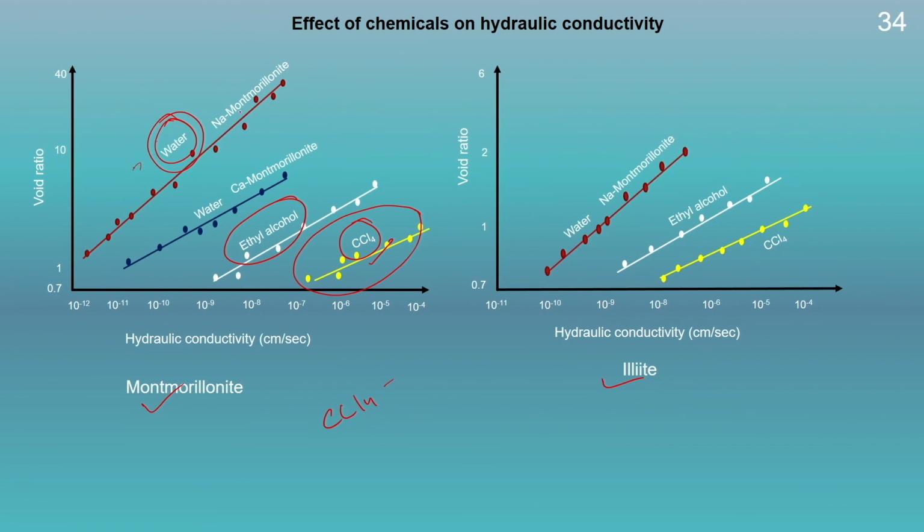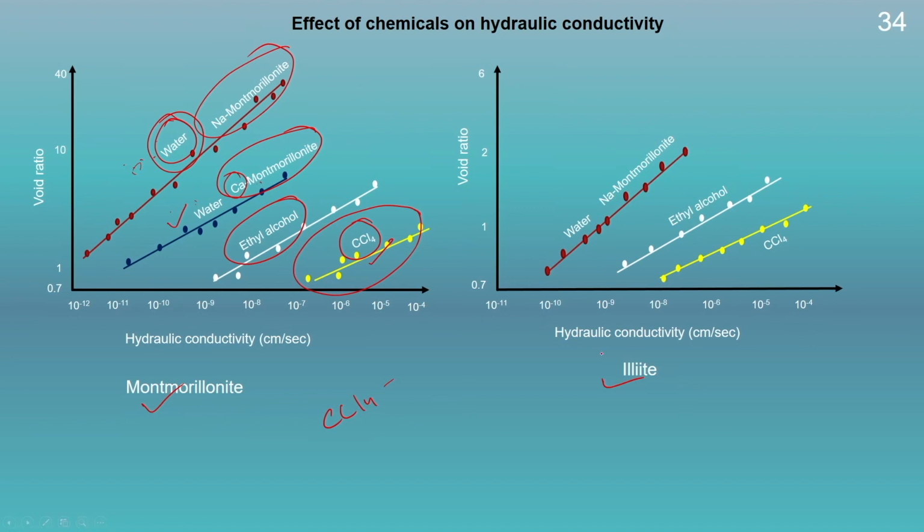Now, if we compare sodium montmorillonite and calcium montmorillonite, because calcium is an exchangeable cation, the diffuse double layer thickness in this case will be less in comparison to sodium montmorillonite. Therefore, although the dielectric constant is the same, that means in both cases water, the hydraulic conductivity for calcium montmorillonite will be higher in comparison to sodium montmorillonite.